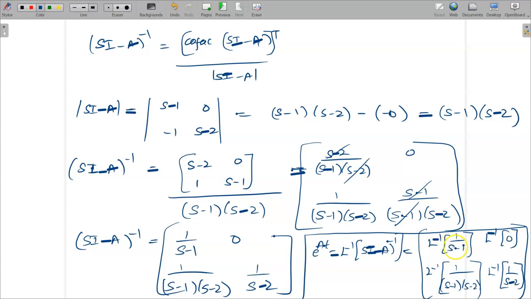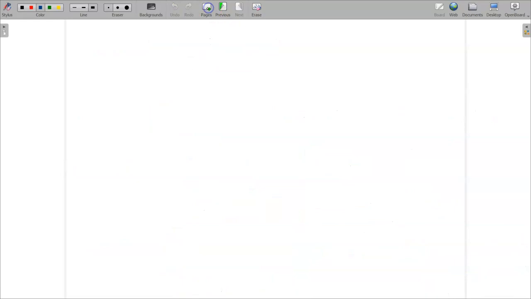For the other terms I know the formula directly. For this term alone I need to apply the partial fraction. So let me find out L inverse of that particular term first: L inverse of 1 by (s - 1)(s - 2). We apply partial fractions: A by (s - 1) plus B by (s - 2).